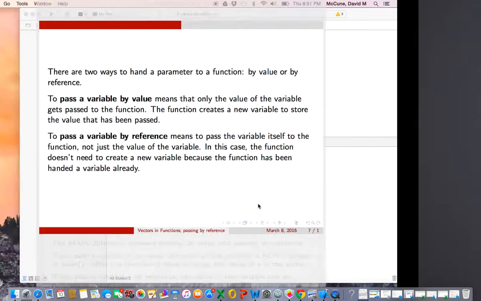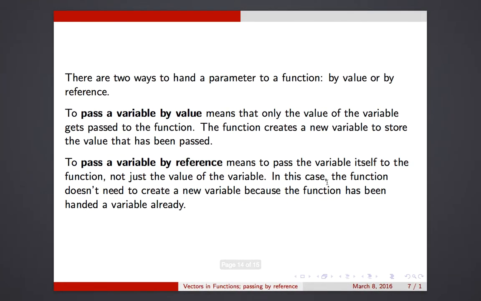But to pass by reference means to pass the variable itself, literally where it is in memory, not just the value of that variable. In this case, the function doesn't create a new variable at all because the function has already been handed a variable. In the example on the screen before, you've literally handed it x, the box x, the place in memory x.